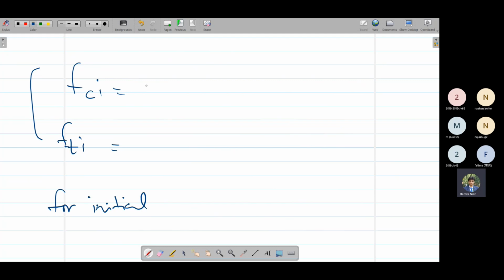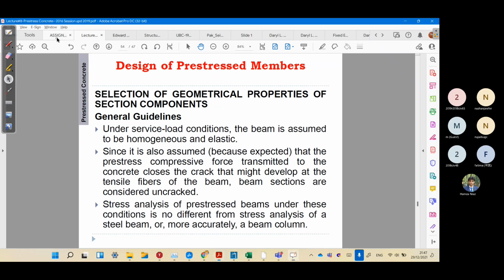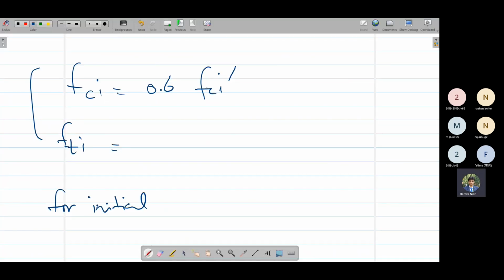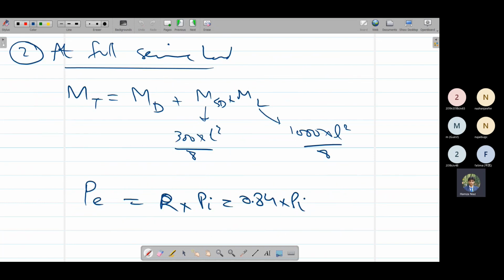This one is 0.6 times FCI dash. FCI dash was given in the question. This one is 4000 psi. The concrete strength was 5000, but at the time of processing, it was 4000. So we have to take this FCI dash as 4000 and multiply it by 0.6. And our top and bottom stresses should not be more than these.